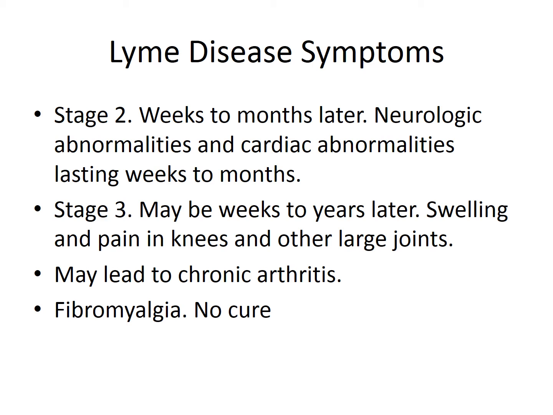So it's a slow progression. It may lead to chronic arthritis or fibromyalgia. Fibromyalgia, we know there's no cure for it. They do treat symptoms for it, and that's just kind of where everything on your body hurts, but there's really no actual physiological reason why this individual's body hurts.